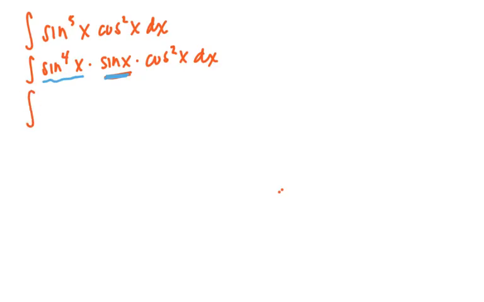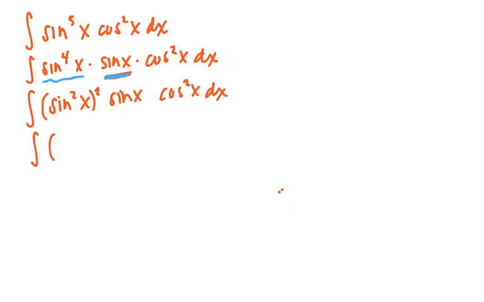And that's something you need to be comfortable with solving regularly. So we're going to have the integration of, now sine to the fourth really means sine squared of x squared. Do you know this? That means I'm going to replace this to be, let me put that line back in for you, sine squared x squared times sine x times cosine squared x dx.